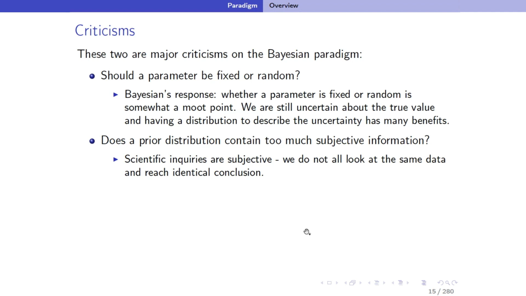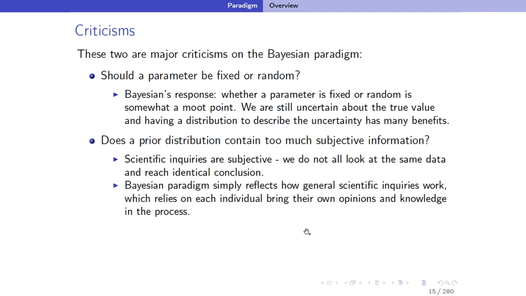We in fact don't all look at the same data and reach identical conclusions. And if we do, then there is no point. We all have to agree, but in fact we don't agree. And Bayesian is just being honest about the whole process and simply reflects how general scientific inquiry works, which really relies on each individual bringing their own opinions and knowledge to the process.